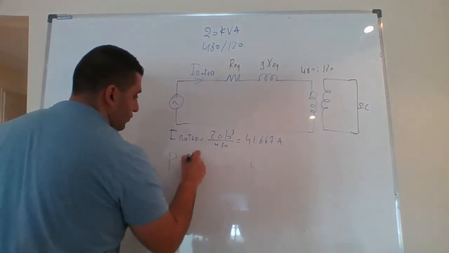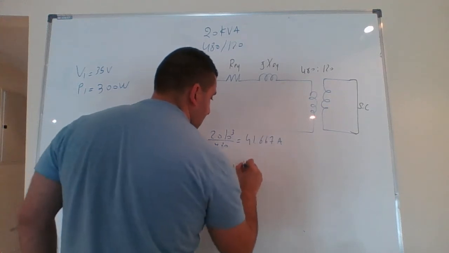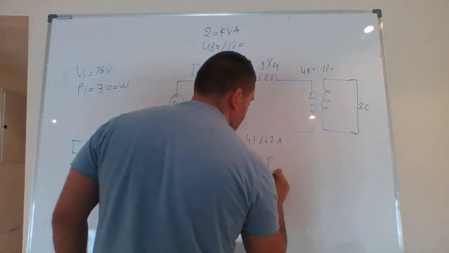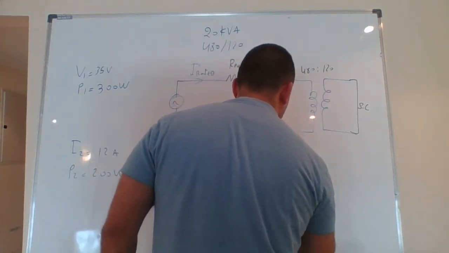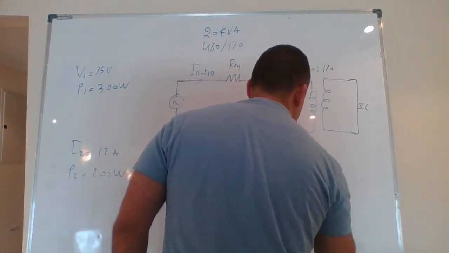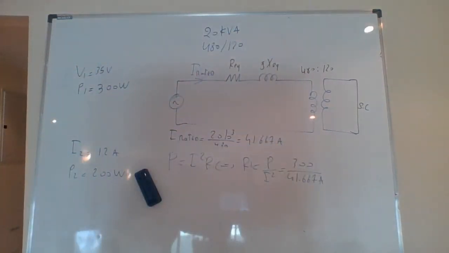P is equal to I squared R. So R will be equal to P divided by I squared, which is 300 divided by 41.667 squared. Sorry about this mistake.